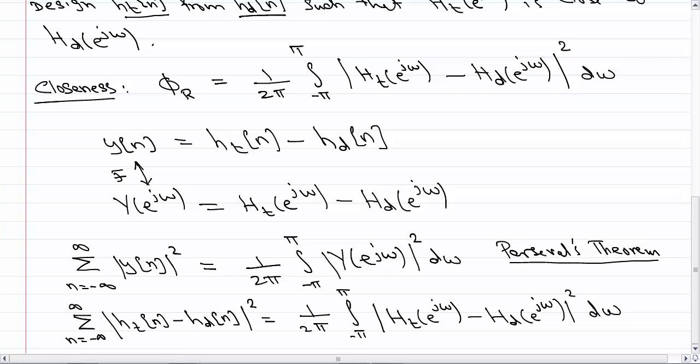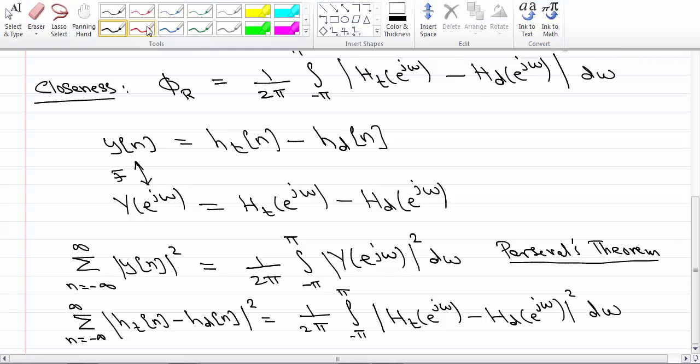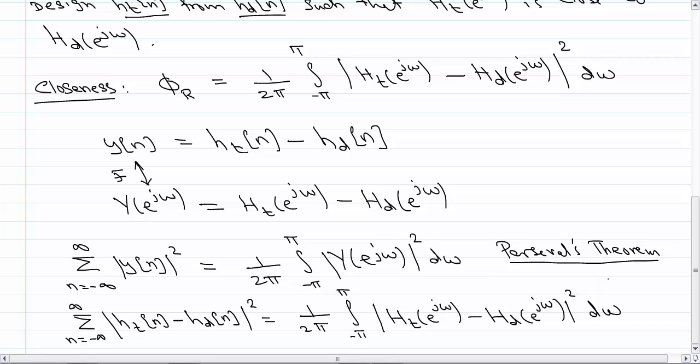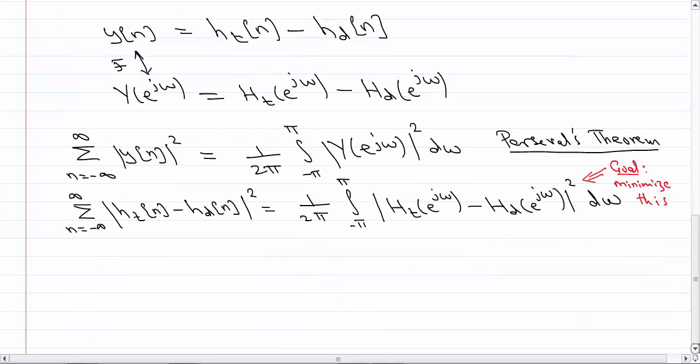Now our goal was that we want to minimize this error. Goal is to minimize this, but we have just shown that that is equivalent to minimizing this time domain expression. Right? There is an equality.